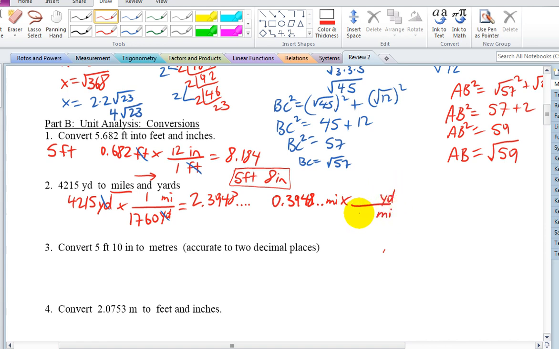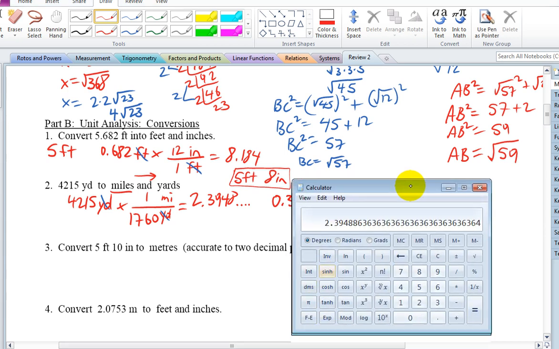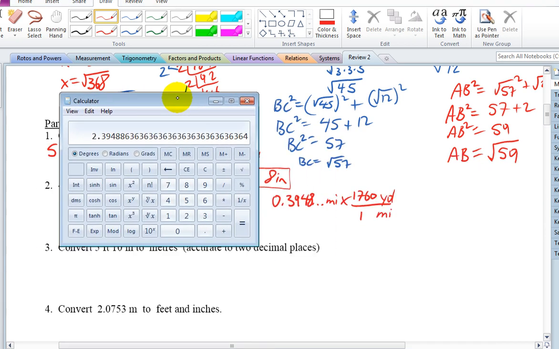So miles must go on the bottom this time. So when I convert back, what's happened to my conversion factor? It's flipped. Okay. And so on your calculator, how am I going to get rid of the 2 that's in front? Yeah, I'd have to take it away. So minus 2. Look, all my decimals.